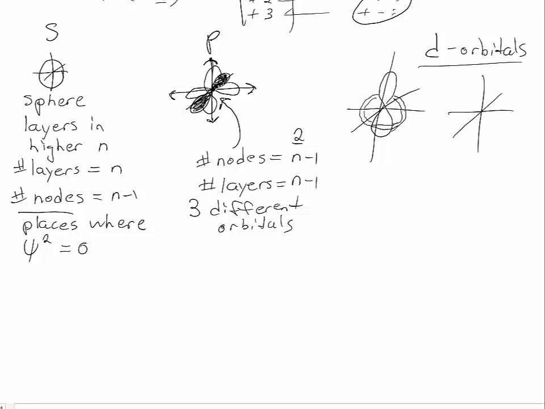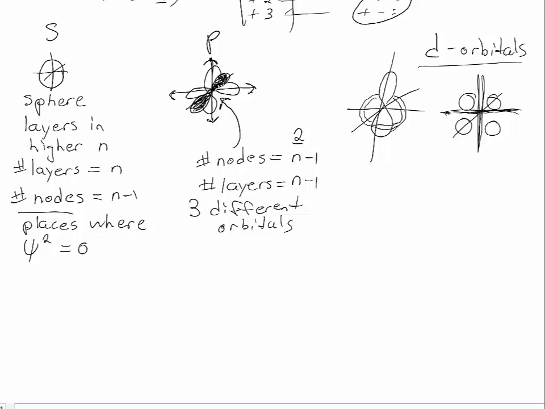The other d orbitals all start to have different kinds of lobe structures where those lobes appear in different quadrants. These are all in the plane of the screen, and they would be characterized with some sort of designation from those axes there.